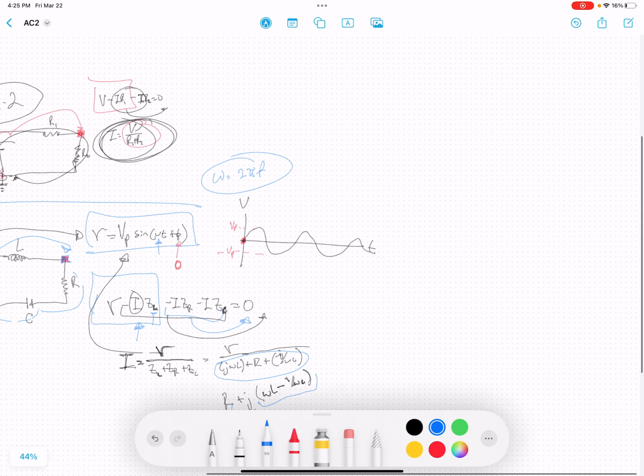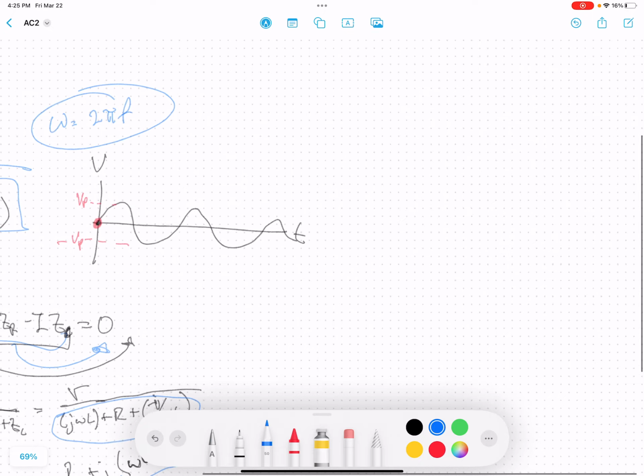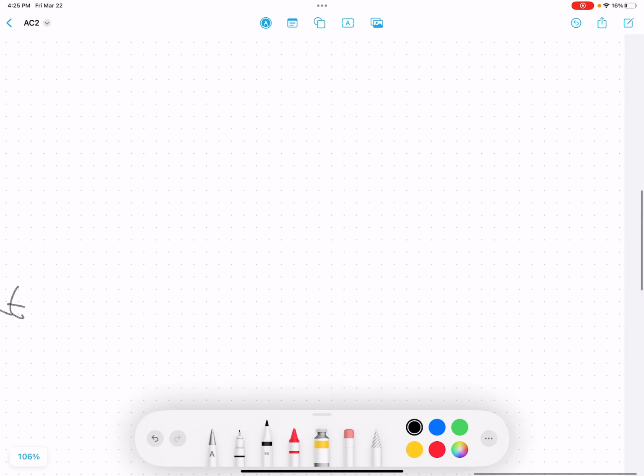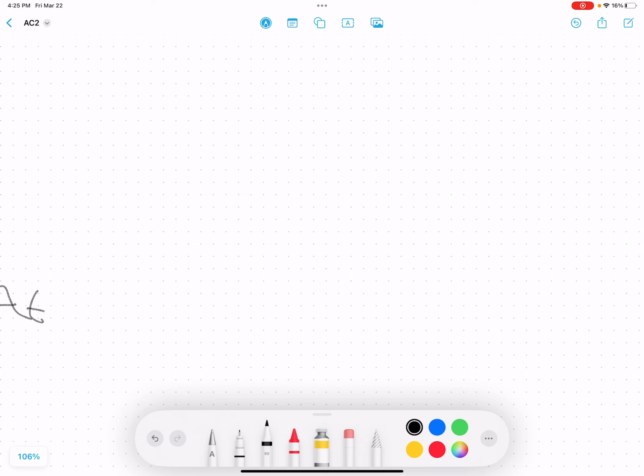I'll zoom in over here. I'm going to slide over here, and we're going to think about how to deal with these imaginary bits of this. Okay, so a little bit ago we looked at these voltages and currents in a little diagram here.